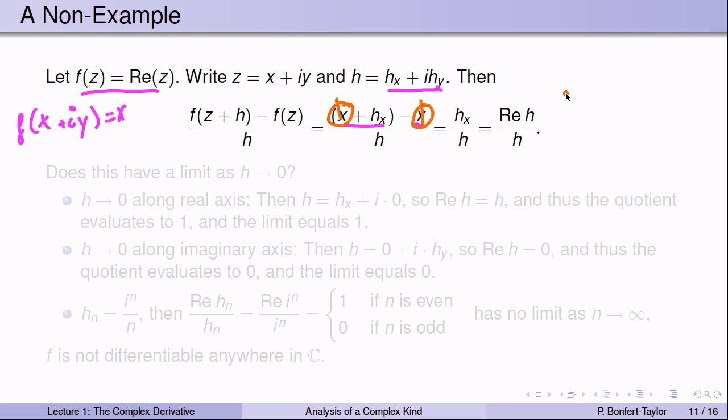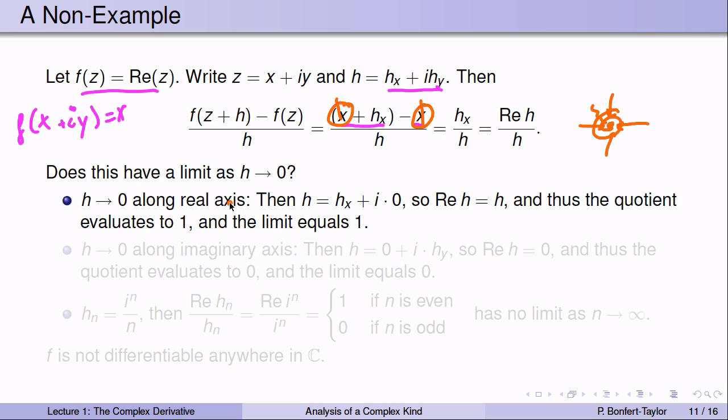What happens as h goes to 0? As we noted earlier, there are lots of different ways of approaching a point. h could go to 0 along the x-axis, or it could go to 0 along the imaginary axis, or along a spiral, or along all kinds of other ways. But let's check out, for starters, what happens when h approaches 0 along the real axis. So h, in other words, is real. It's of the form hx plus i times 0.